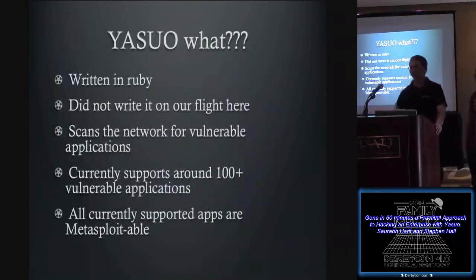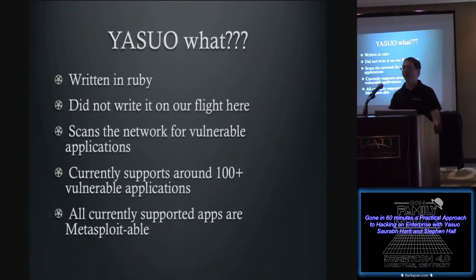So we wrote Yasuo. It's a Ruby script that scans for vulnerable third-party applications. It's not a vulnerability scanner. We don't actively go out, we're not like Nessus, and say, hey, all of this stuff is a problem.